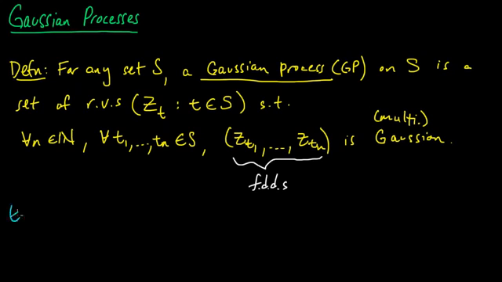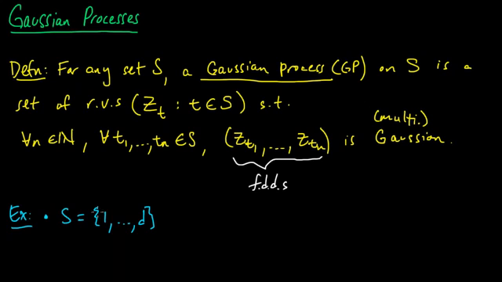So let's first look at a couple very simple examples. The first example is actually going to be a trivial example, but it's to make this seem a little less mysterious to you.